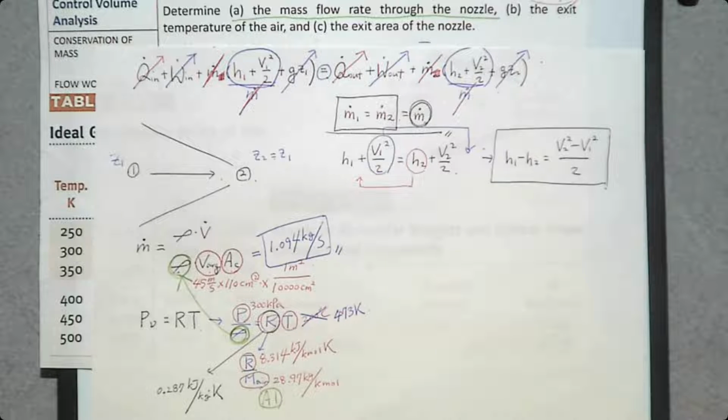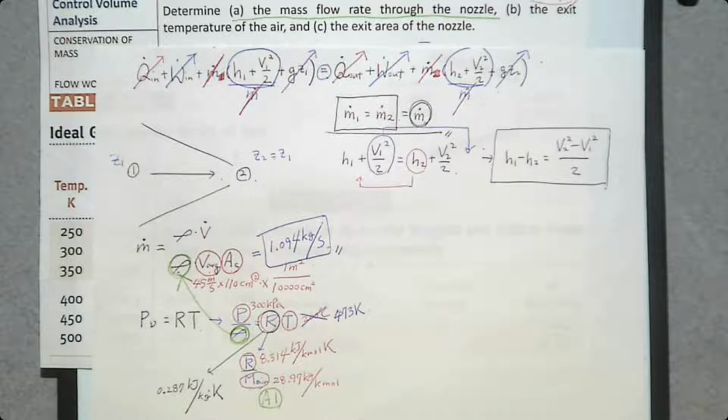And how can we determine the exit temperature? Can we use this ideal gas equation? Unfortunately, we know pressure and temperature, but we do not know the specific volume at the exit. So we cannot use this ideal gas equation.